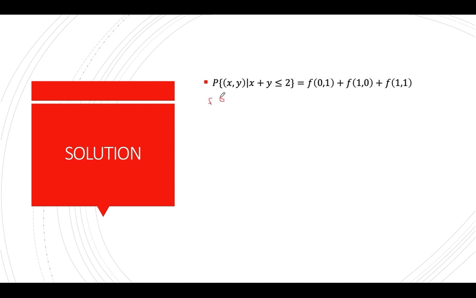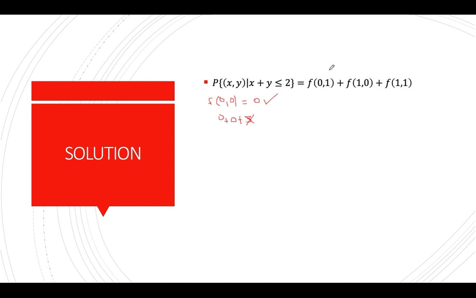Although 0 plus 0 is less than or equal to 2, the probability of 0, 0 is 0, because if x is equal to 0 and y is equal to 0, the number of bananas should be 3, but it cannot be 3 since the maximum number of bananas is only 2. So this is not possible, f of 0, 0.